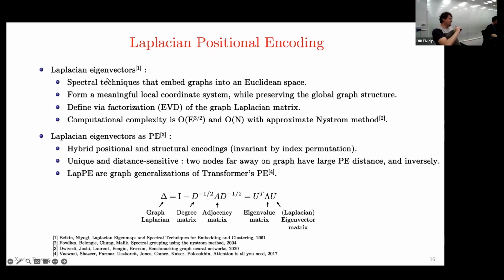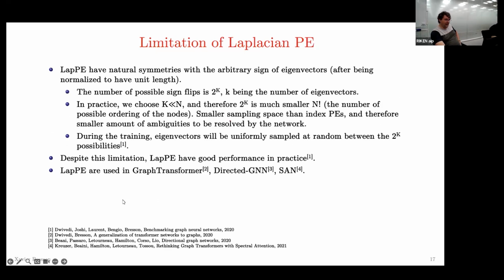So if you take a sequence line, basically you're going to have your cosine and your sine function. So this is a generalization of what people did in transformer positional encoding, which, by the way, if you don't have this, it's not going to work well. So there is still a limitation because Laplacian positional encodings are basically a quadratic factorization.